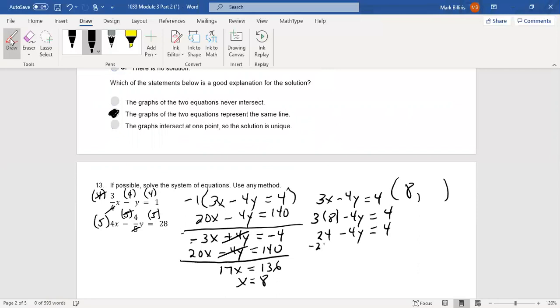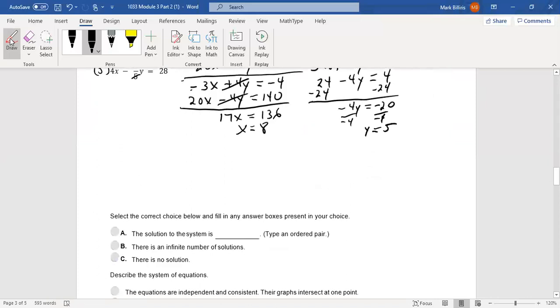Subtract 24 from both sides. This will give me -4y equals -20. When I divide both sides by -4, a negative divided by a negative is a positive. That would give me a +5. So my common solution would be 8, 5. Remember, your x value comes first and then your y value.